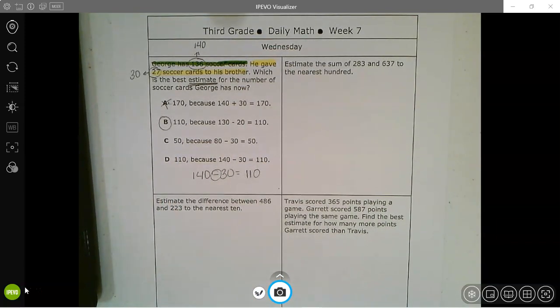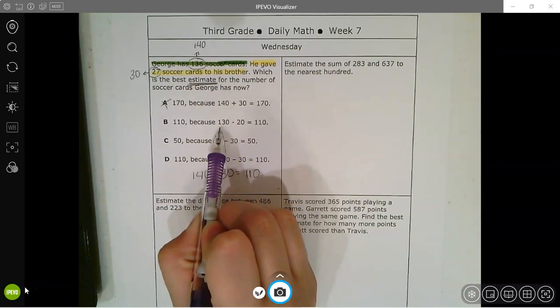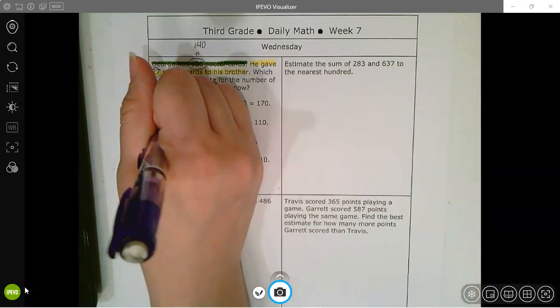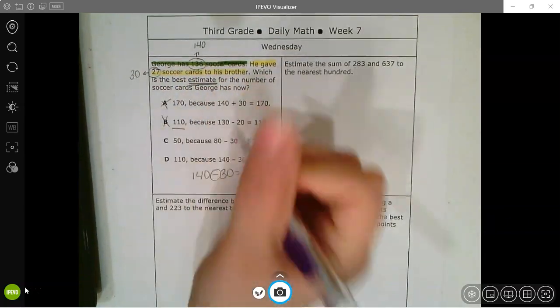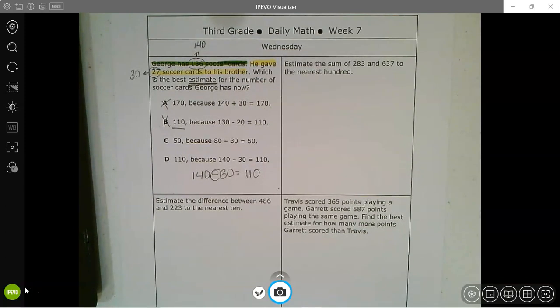I see something Ms. Netho did wrong. B is not our answer, because it says 130 minus 20. Are those the numbers we rounded to? No. Ms. Netho just paid attention to the first part. So that is not our answer.